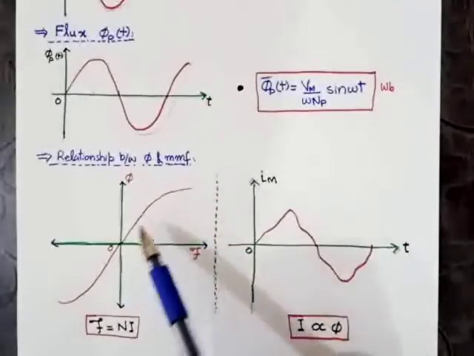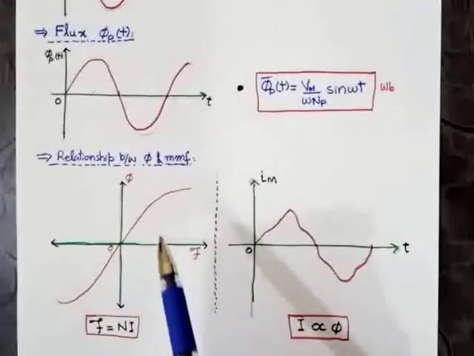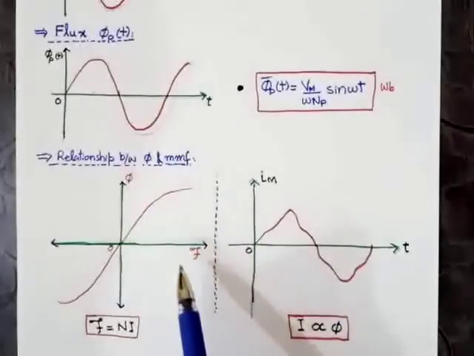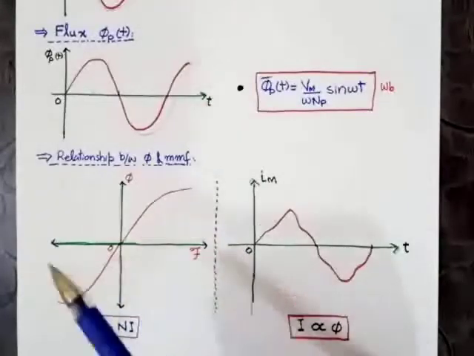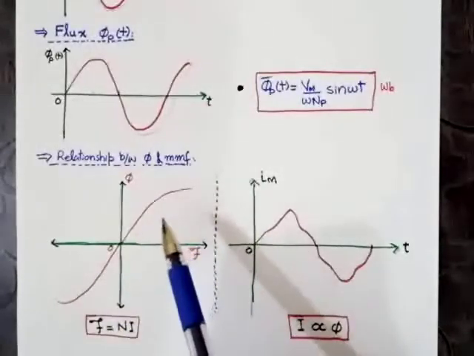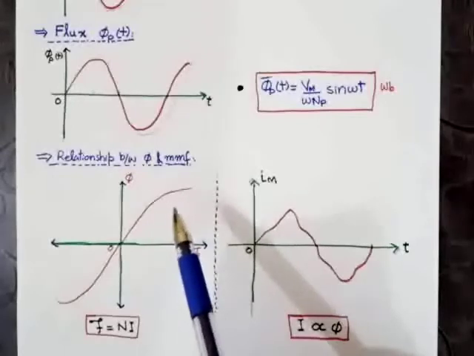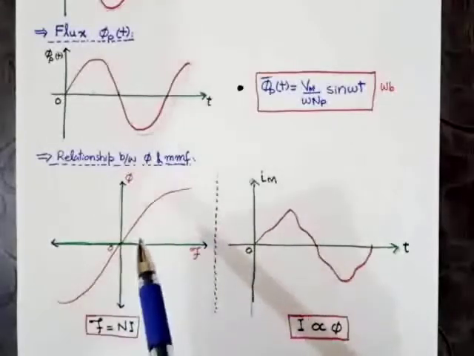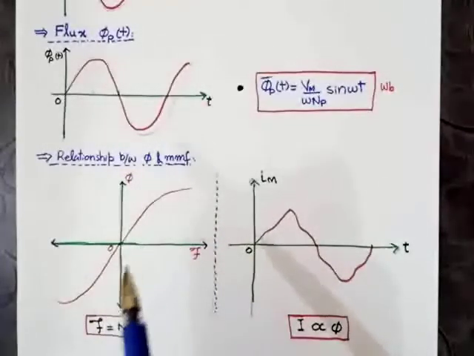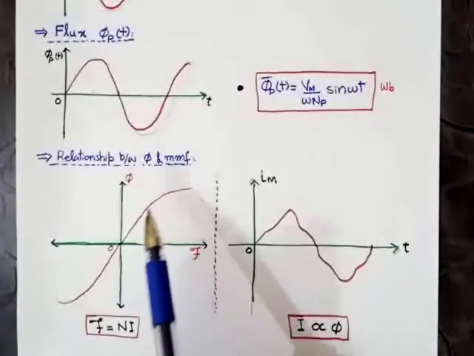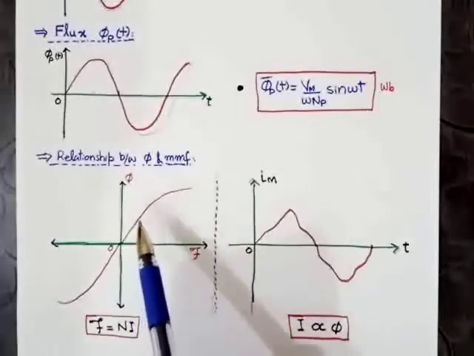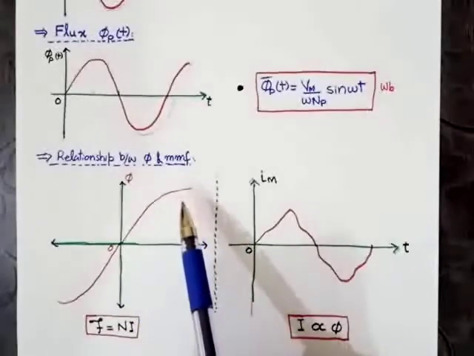So this is the relationship between the flux and magnetomotive force, as we have already discussed in detail why the saturation region occurs in a real machine. A real transformer basically works in the transition region, or in the knee curve, or in the region between the unsaturated and the saturated region.